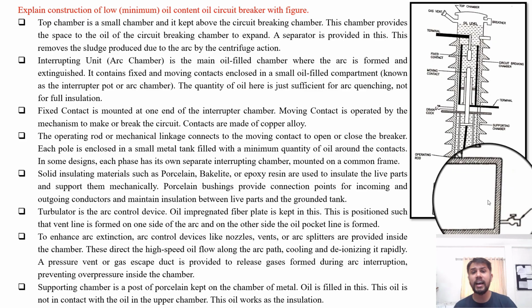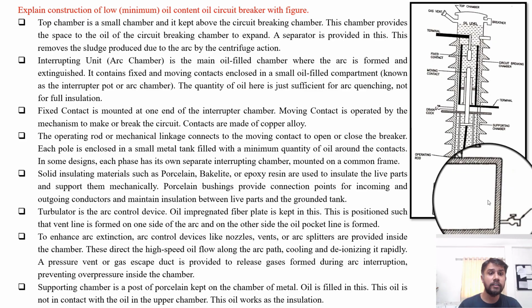The contacts are made of copper alloy. The operating rod or mechanical linkage connects to the moving contact to open or close the breaker. Each pole is enclosed in a small metal tank filled with the minimum quantity of oil around the contacts. In some designs, each phase has its own separate interrupting chamber mounted on a common frame.